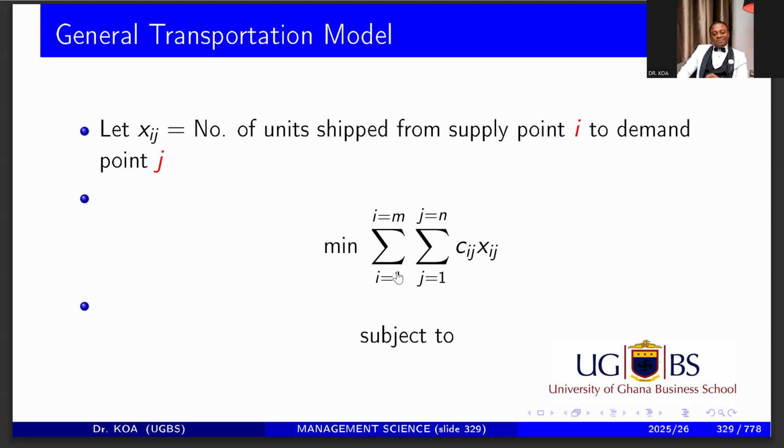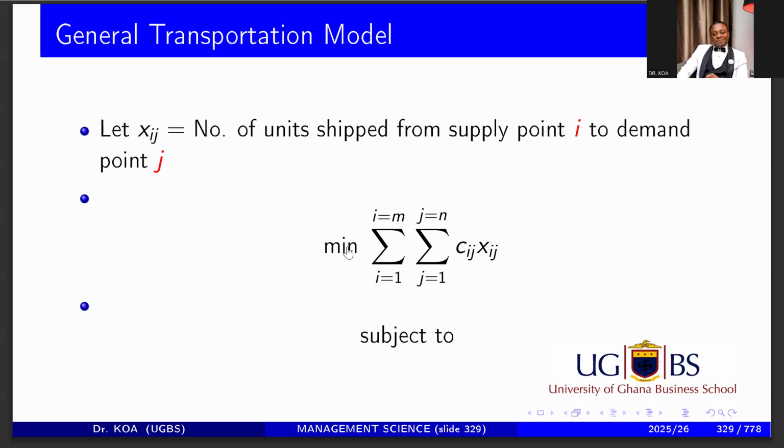The reason is because you are moving the items from i to j. In other words, you are moving from one node to another node. So you are first multiplying something by something, and then adding them. We'll talk a lot about nodes and arcs very soon.